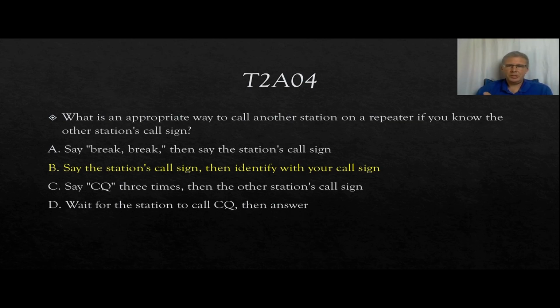Now, on the CQ stuff, I've called CQ. In fact, I've called just, quote unquote, following repeater etiquette and not calling CQ, and I would get nothing. Repeaters are dead. But then I would just suddenly call CQ, CQ, CQ, this is KM8YOR. It's not like somebody would come on. It's kind of ironic, honestly.